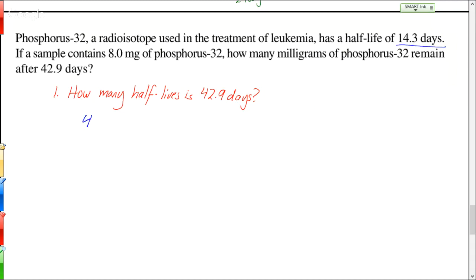So if we take 42.9 and divide it by 14.3, I believe we get 3 half-lives. So the total time divided by each half-life time tells you that there are 3 half-lives in those 42.9 days.